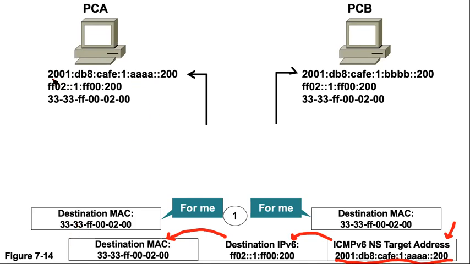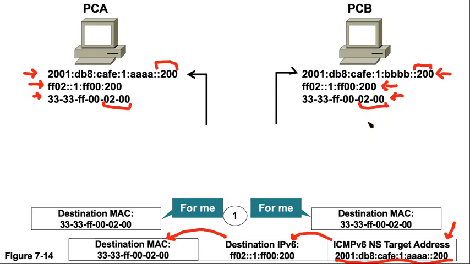So both PCA and PCB receive this frame. PCA has this address here, global unicast, and PCB this one. So both of these addresses get mapped to the same solicited node multicast address because the last 24 bits are the same. So they also get mapped to the same Ethernet MAC address. Okay, so we have the same 24 bits here.